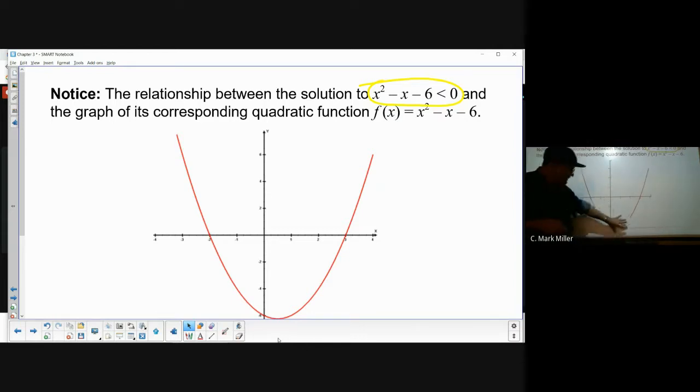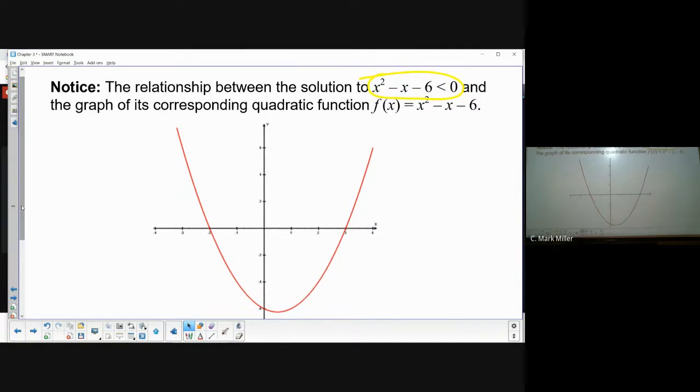It's in this middle region here that it's below the x-axis. And so you see that from -2 to +3 is where that expression is less than 0. So if you have a calculator, you can check your answers for these.